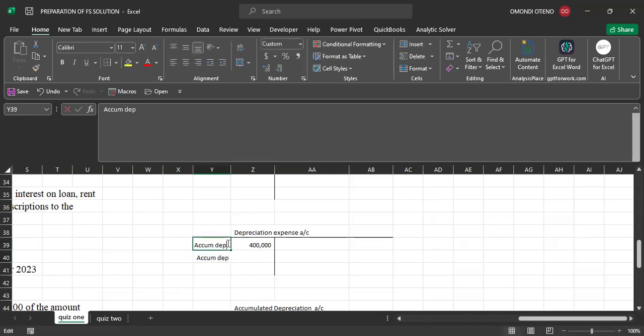Remember, this one here is for dental equipment. This one here will be for other equipment, and of course accumulated depreciation for fixtures or furniture.